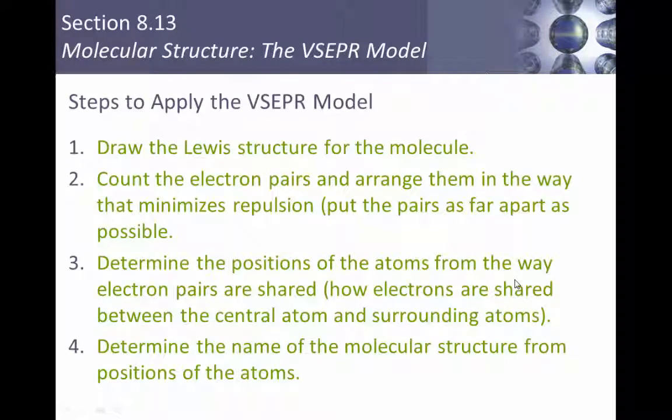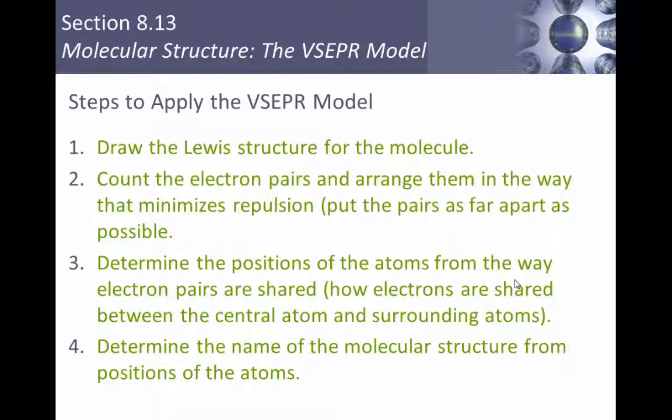Okay, so the steps to understanding and using the VSEPR model are basically this. You draw the Lewis structure for the molecule, then you count the electron pairs and arrange them in a way that minimizes the repulsion. That means puts them as far apart as possible.